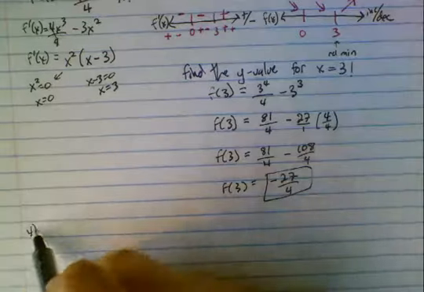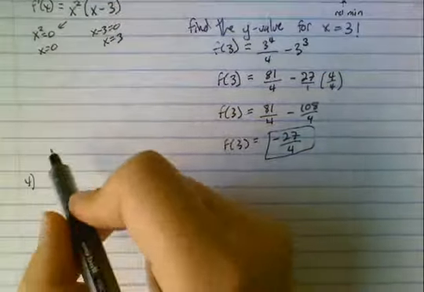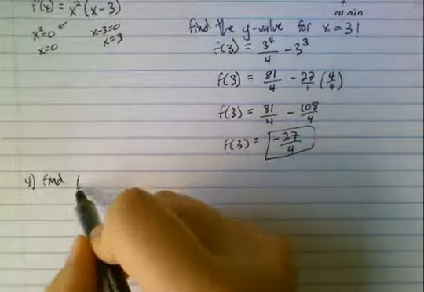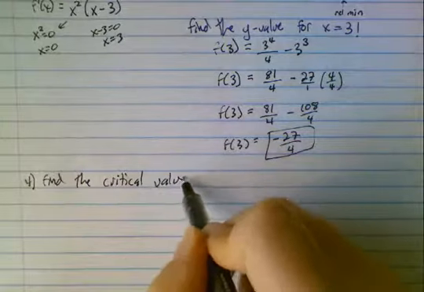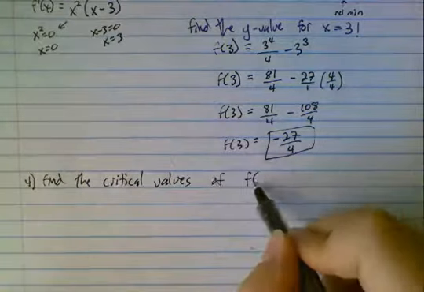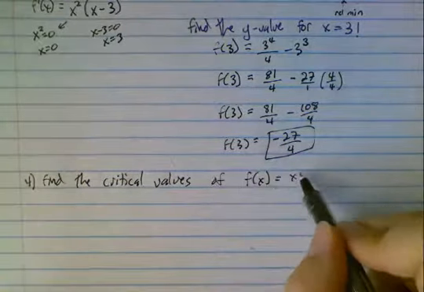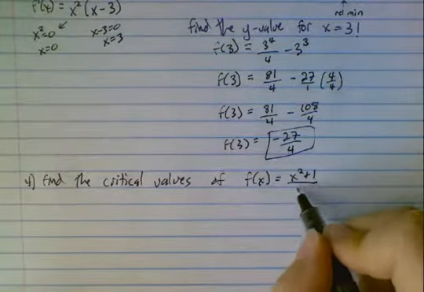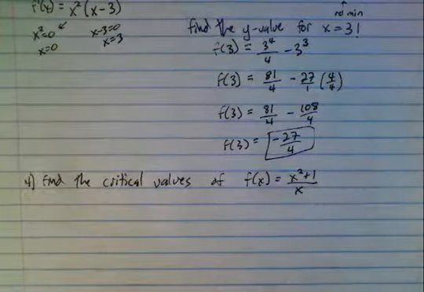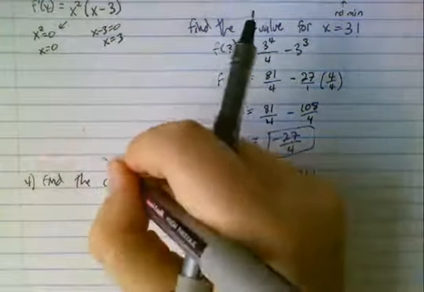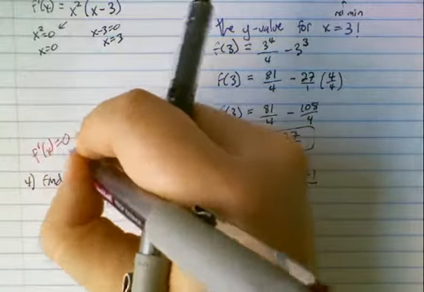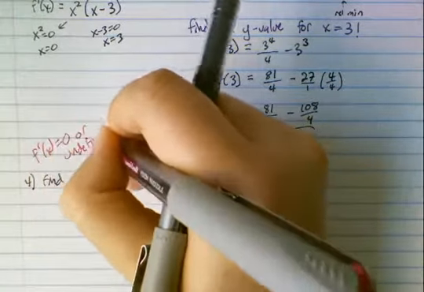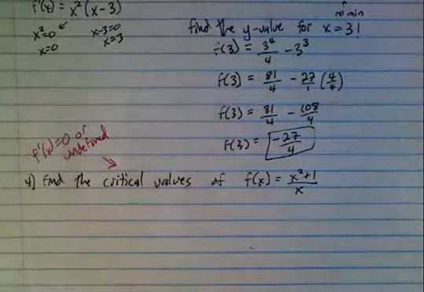Okay, for problem number 4, find the critical values of f of x equals x squared plus 1 over x. Remember, critical values mean f prime of x equals 0 or undefined. So we actually don't even need our little translation charts here.